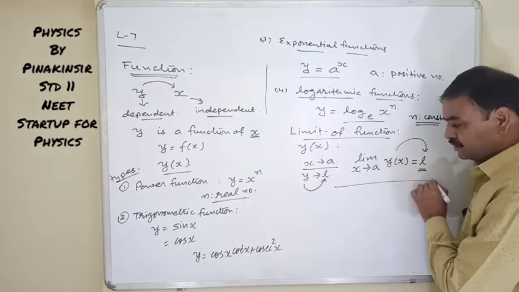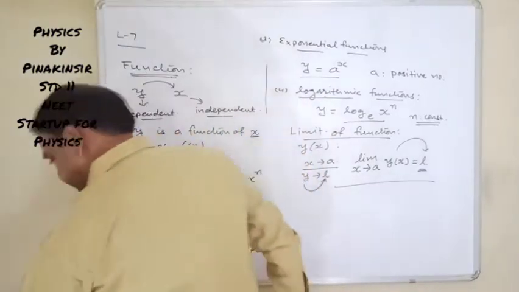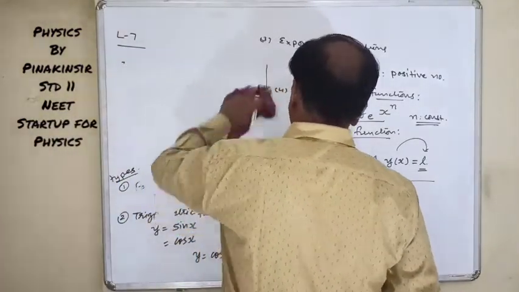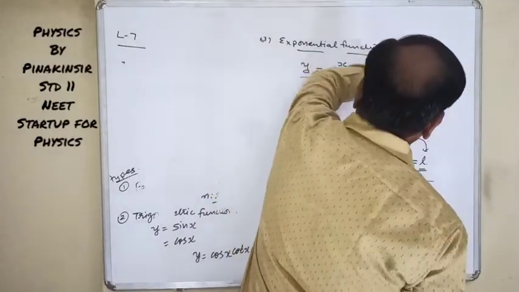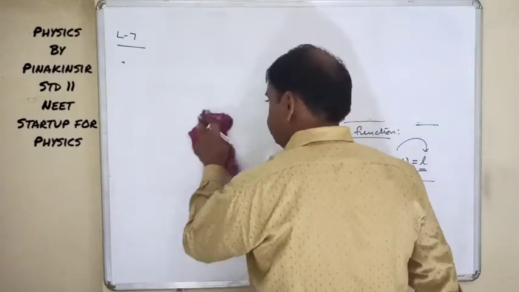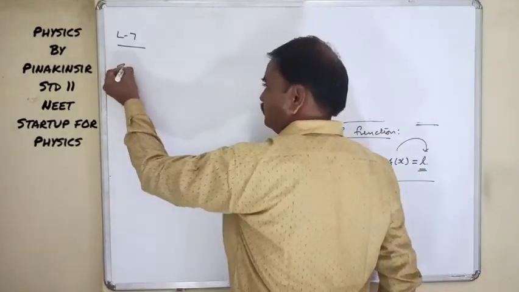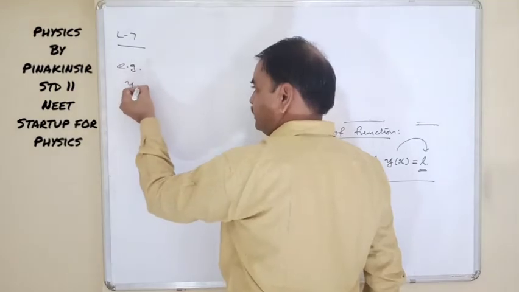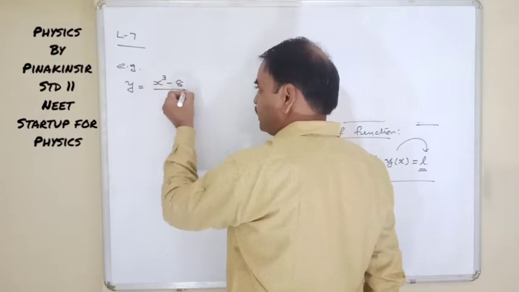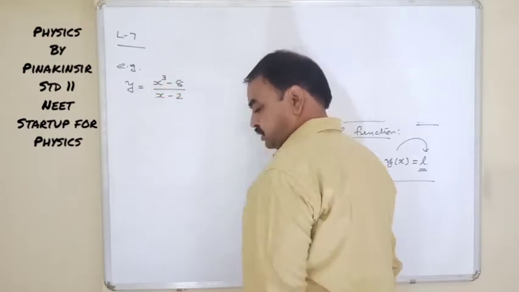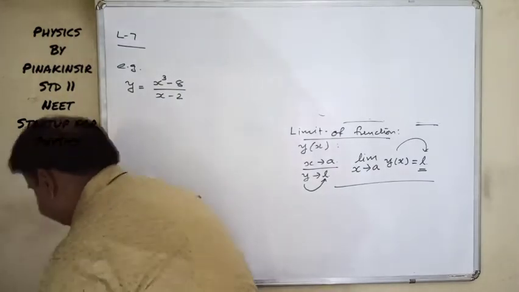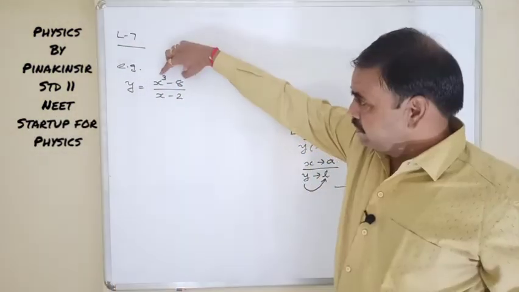Now to understand this concept, let us take an example. Suppose you are given a function like this, y is equal to x cube minus 8 divided by x minus 2. For simplification, you can factorize this particular term.